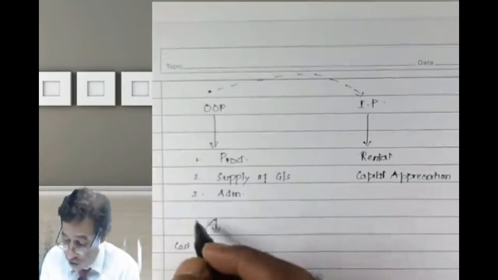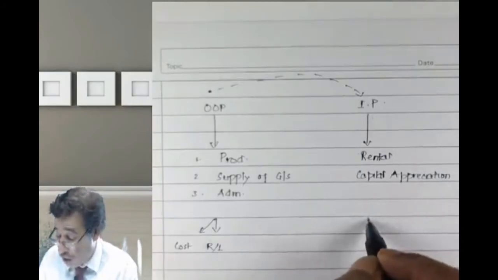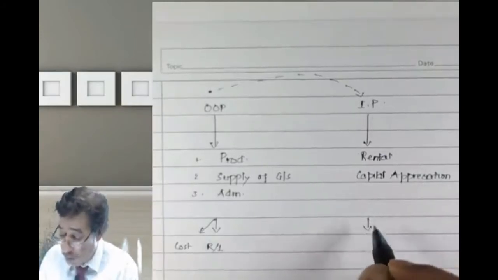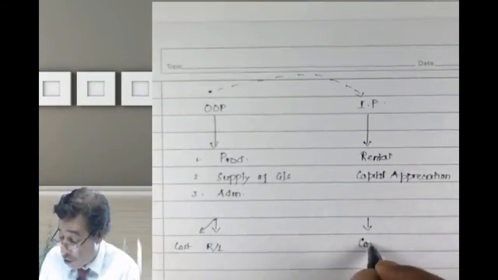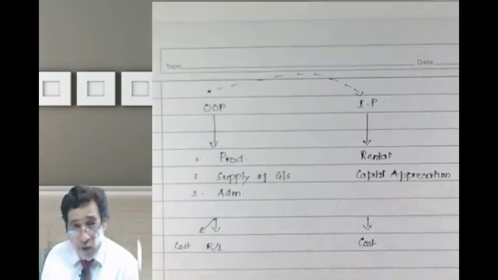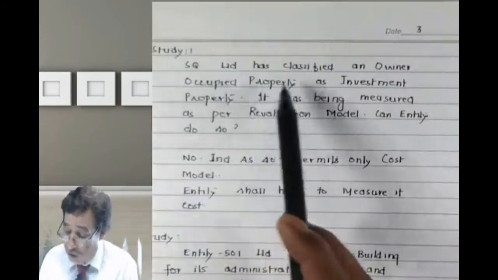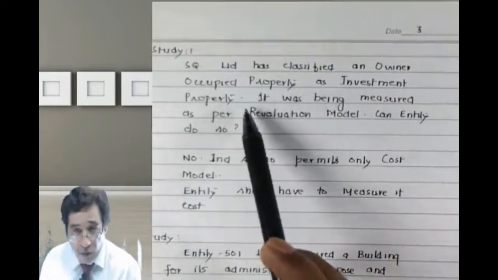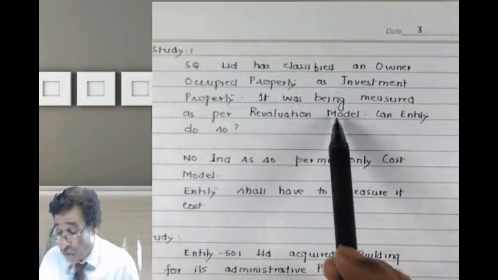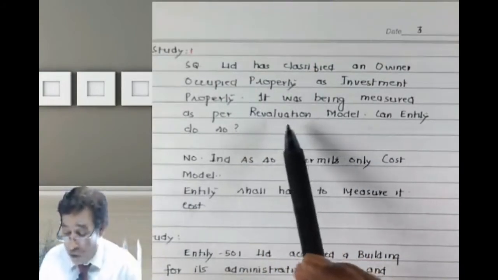It's a choice which is given to the entities as far as owner-occupied property is concerned. But Ind AS 40, which basically deals with investment property, states that investment property can be measured only at cost. So what is the question now? Now we'll be in a better position to understand the question. So SQ Limited has classified an owner-occupied property as investment property, and it was being measured as per the revaluation model.